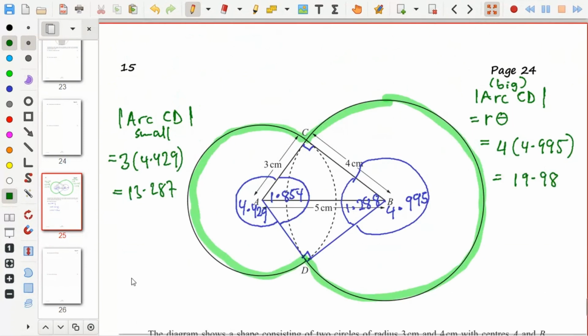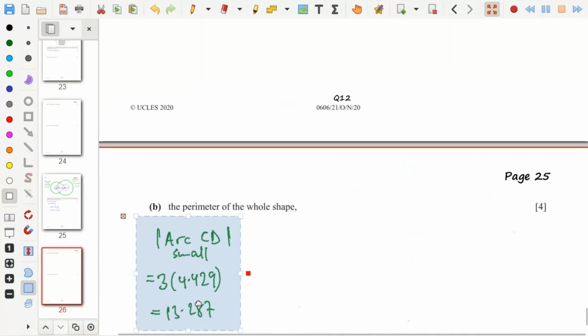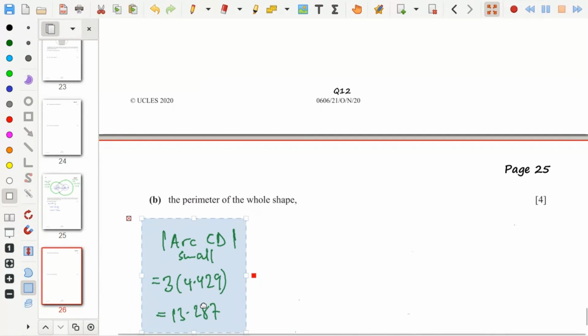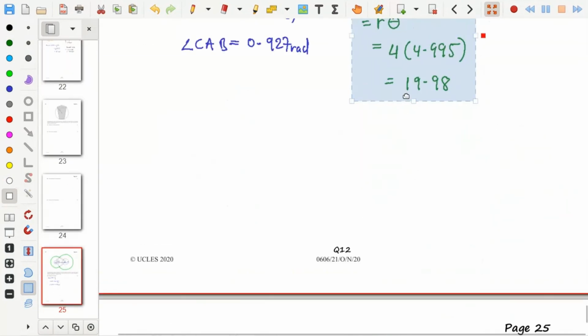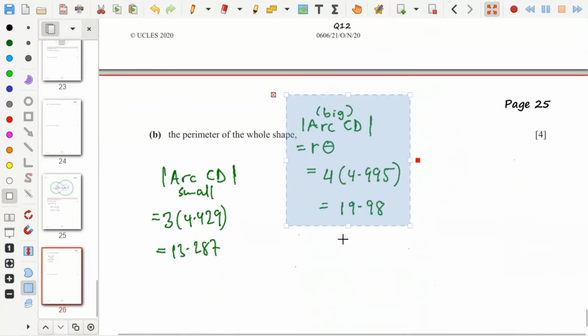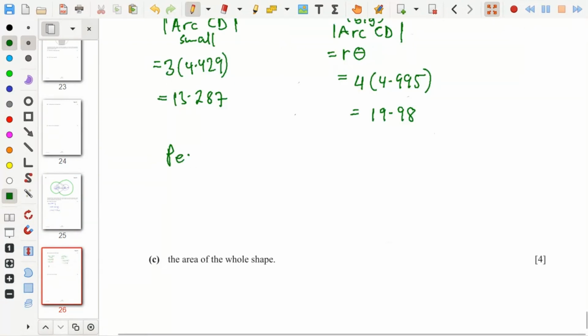Okay, so now let me just bring these guys down. So the perimeter is given by 13.3 plus 19.98.